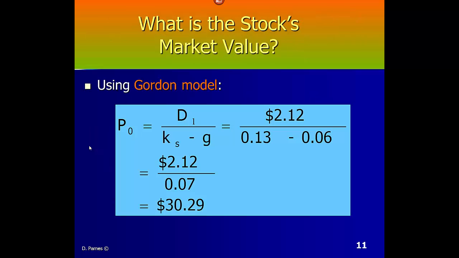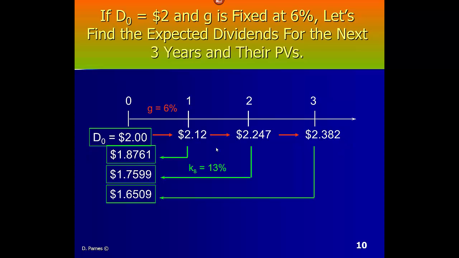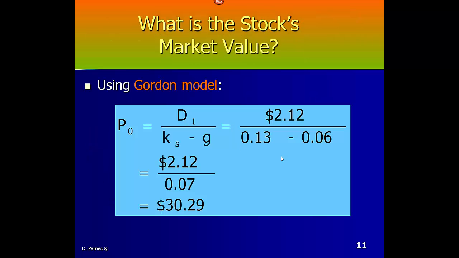Let's use the Gordon model based on those numbers. P0 is equal to D1 divided by Ks minus g. This is the Gordon model. Let's plug in the numbers. D1, $2.12. Here it is, $2.12. Divided by Ks, 13% minus the growth rate of 6%.